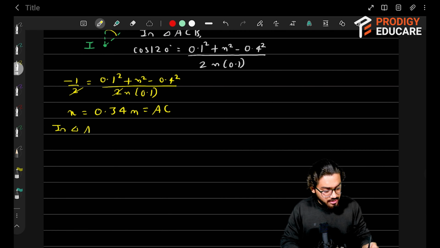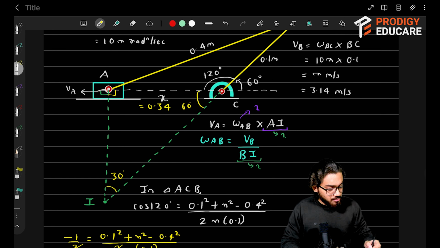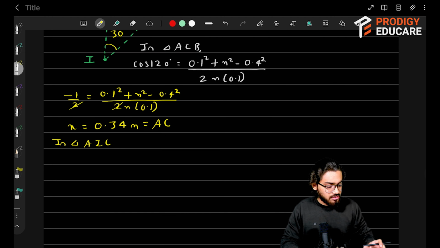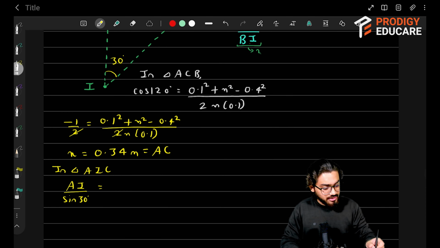So in triangle AIC, I will be writing AC upon sine of 30 degrees. See, this side length AC divided by the sine of the opposite angle, so sine 30 degrees.